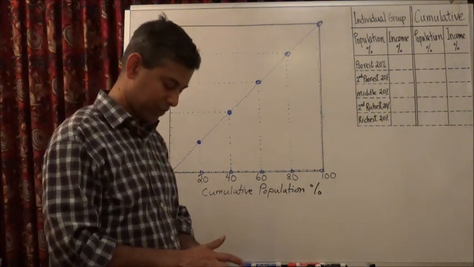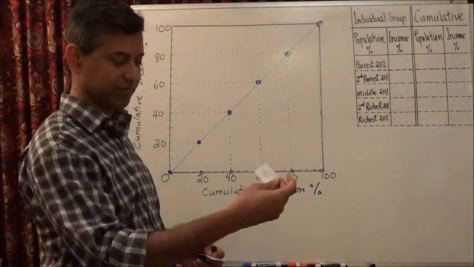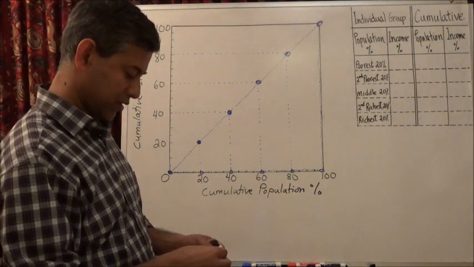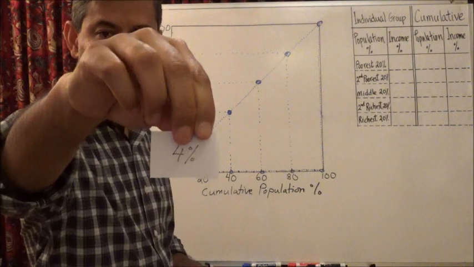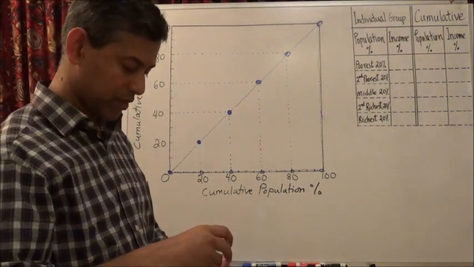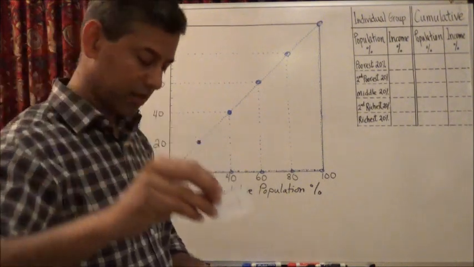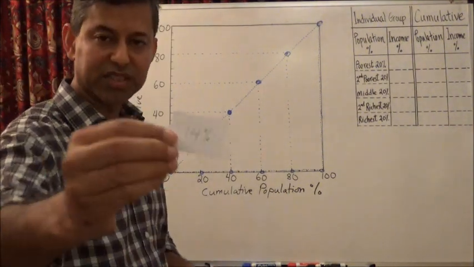Let's see what we have. We have 48%. That's pretty large. Then we have 4%. That's pretty small. Then we have 10%, and we have 14%.